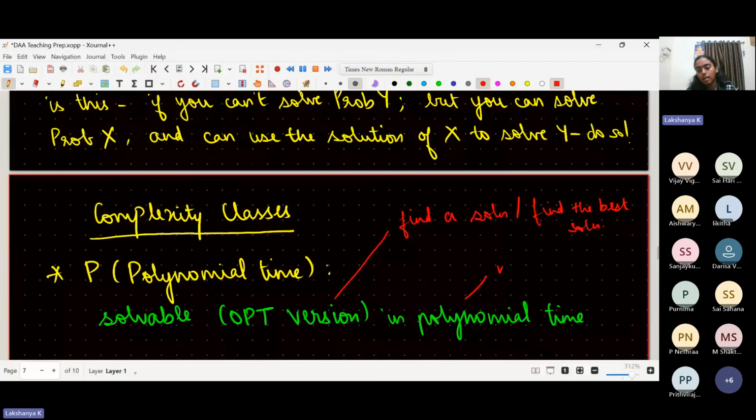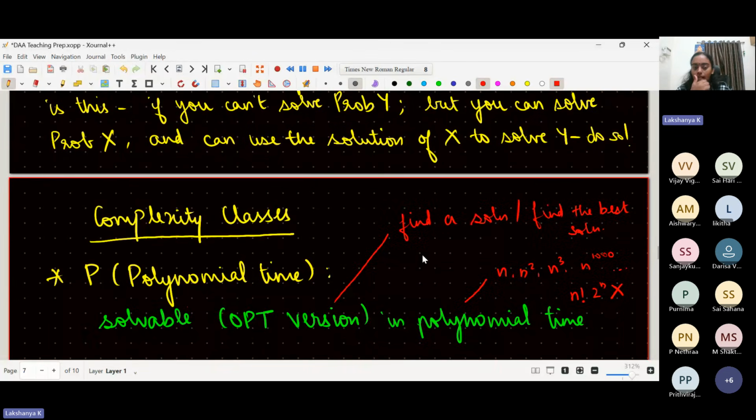Polynomial is your n square, n cube, n power 1000, all of that is polynomial. N factorial, 2 power n, all of these are not polynomial, right? So anything that is exponential is not polynomial. You know what a polynomial is, so I don't need to spend too much time on it.